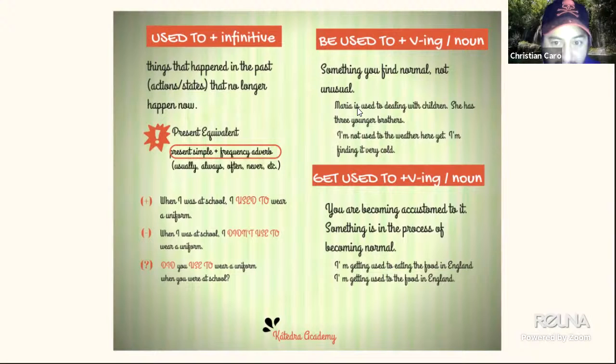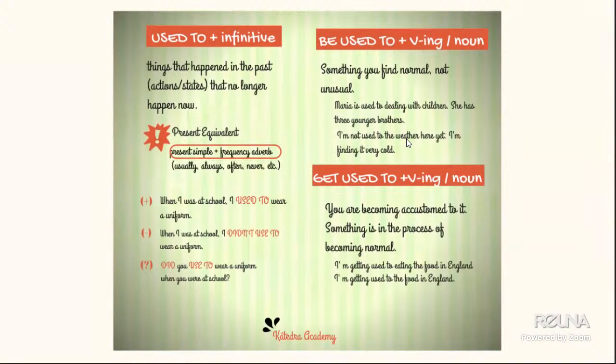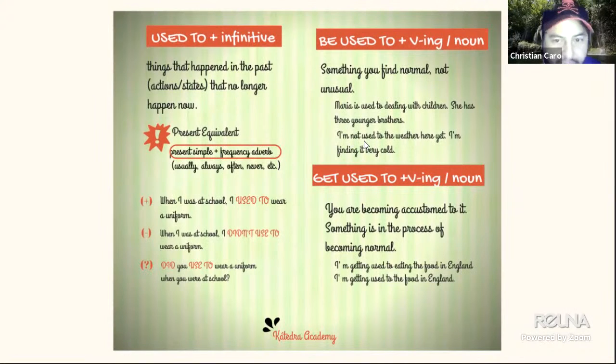Fíjense entonces, be conjugated used to plus gerund, right? Abajo hay un ejemplo con noun, por ejemplo, I'm not used to the weather here yet. No estoy acostumbrado al clima, right? Ese es el sentido de I'm not used to the weather. Entonces, verb to be plus used, en este caso está el am, el negative del used to.